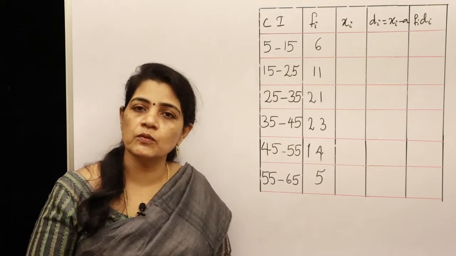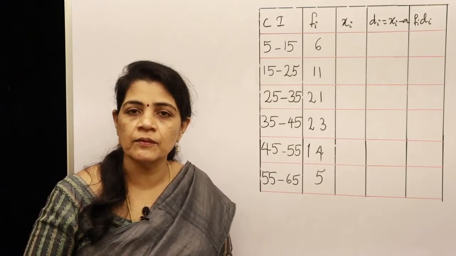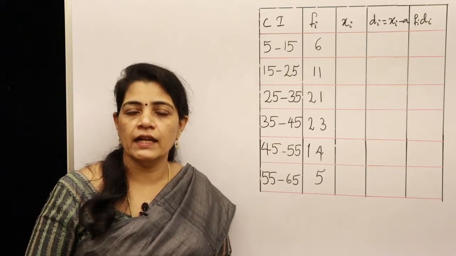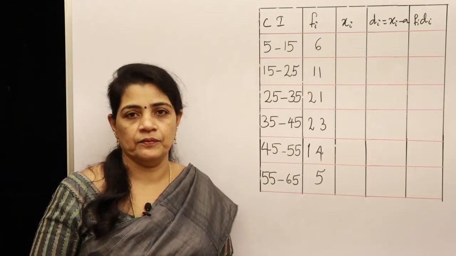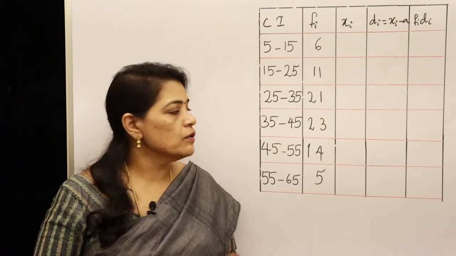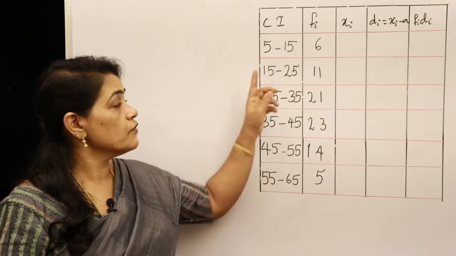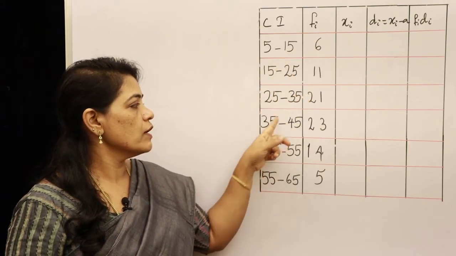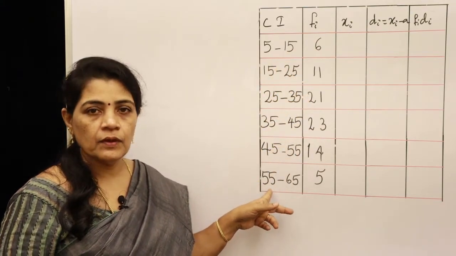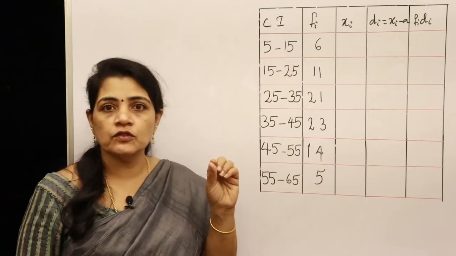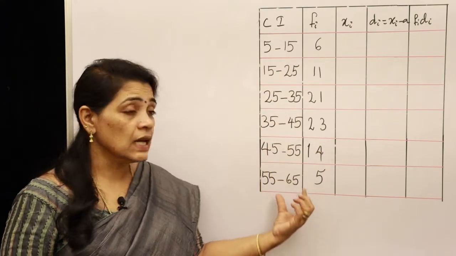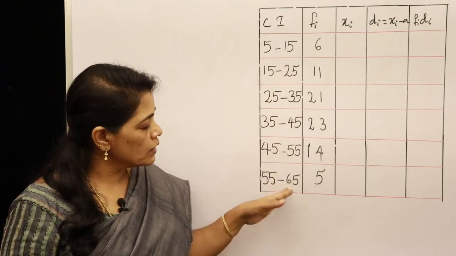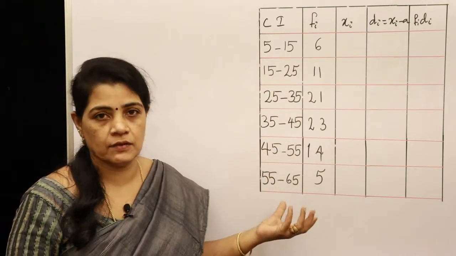So by assumed mean method, what is arithmetic mean, children? That is x bar is equal to a plus sigma fi di divided by sigma fi. Since the class intervals are continuous, first you check whether the upper limit and lower limit are the same. Then we have to find out their class width, that is upper limit minus lower limit, and all the class intervals have the same class width.